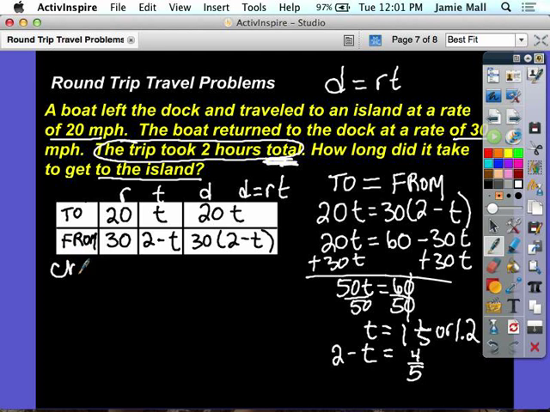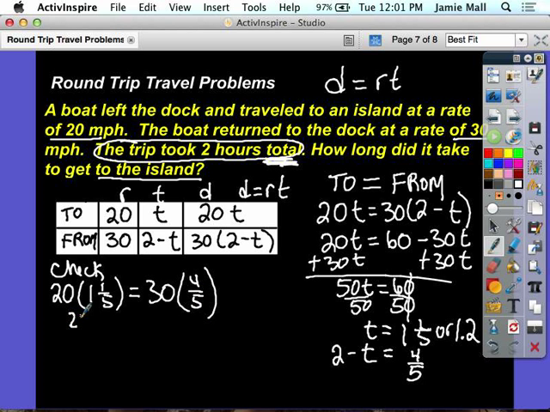Now, the check, once again, we already know what t is. We already know what 2 minus t is. So my check is going to be rate of 20 times t, which is 1 and 1/5, is equal to a rate of 30. I've already done the math. 2 minus t is 4/5.